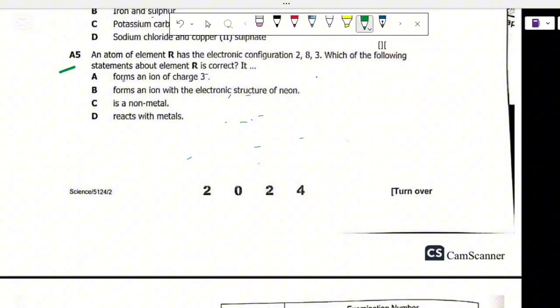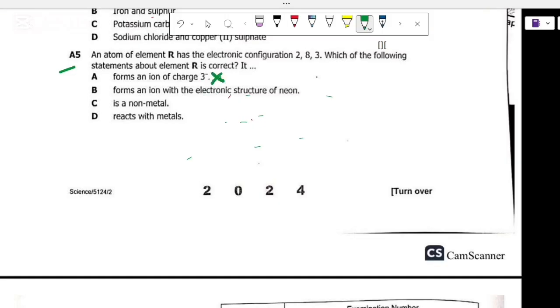Option A says this element R forms an ion of charge 3 negative. Is that correct or incorrect? We've just explained that that cannot be the case.